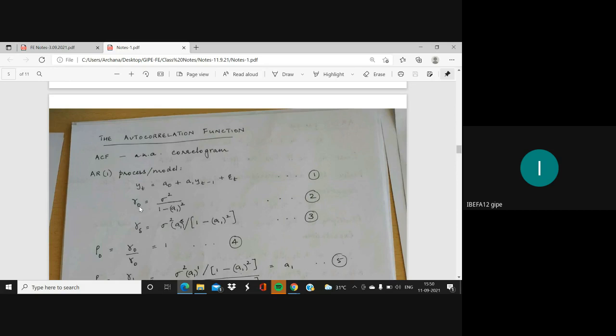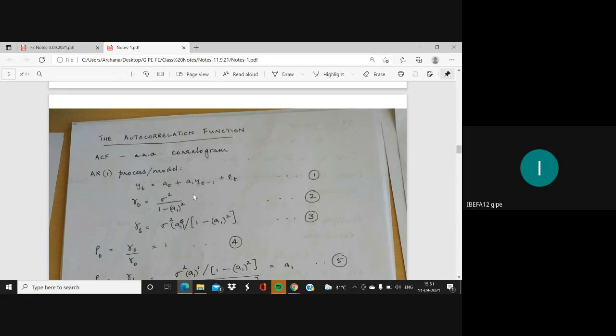This is the autocovariance between yt and yt, that's why it's the variance. So it was given by this formula. Now the autocovariance between yt and yt minus s, again we discussed this today. It takes this form. So gamma s, which denotes the autocovariance between yt and yt minus s, is equal to this.